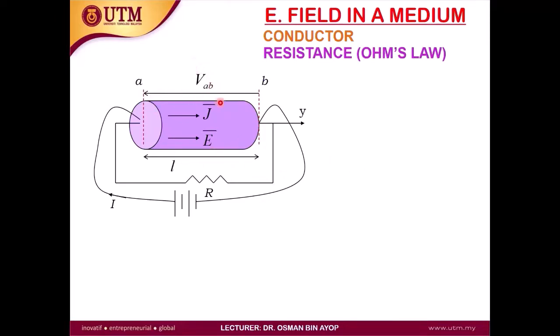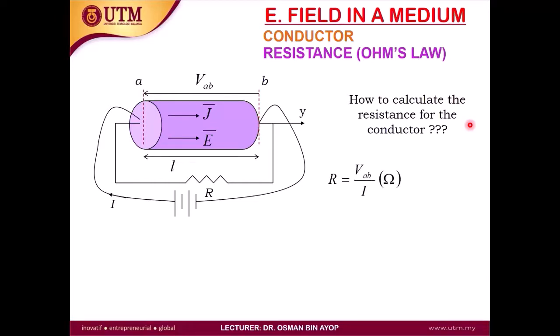So the potential between both ends of the conductor, let's say this point is A, this point is B, is equal to VAB. So this is our Y direction. The question is how to calculate the resistance for the conductor.